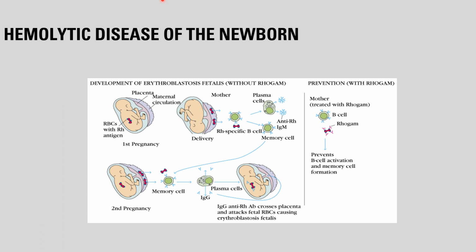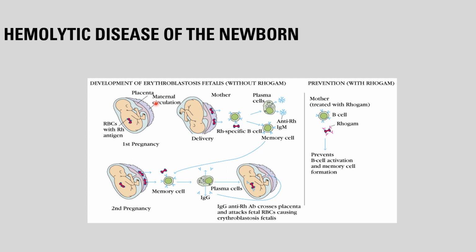And your IgG antibodies, as what you have learned, has the capacity to cross the placenta. And when they do cross the placenta, they will bind to the antigen found in the RBCs of these fetus and will stimulate an immune response.